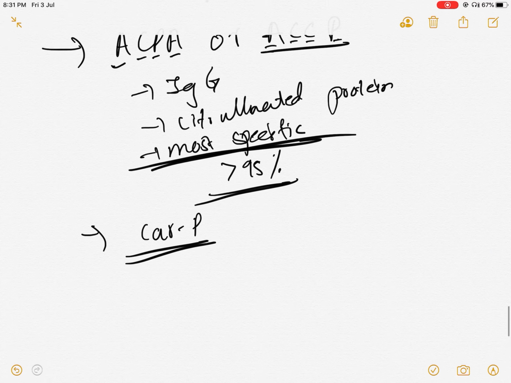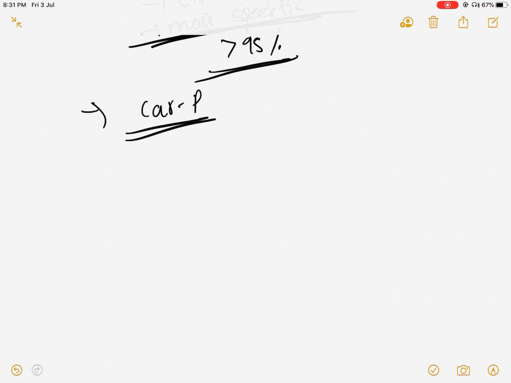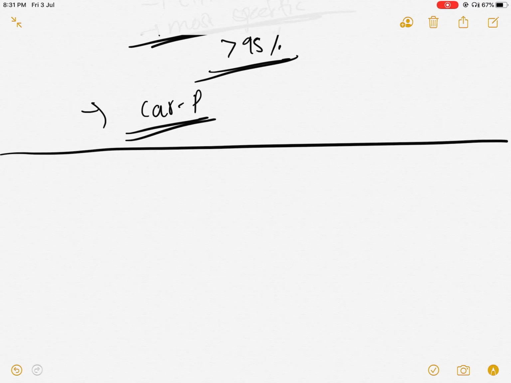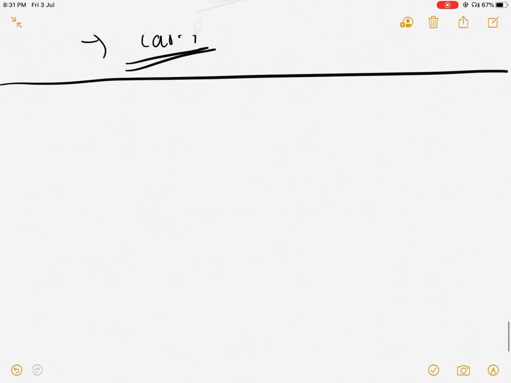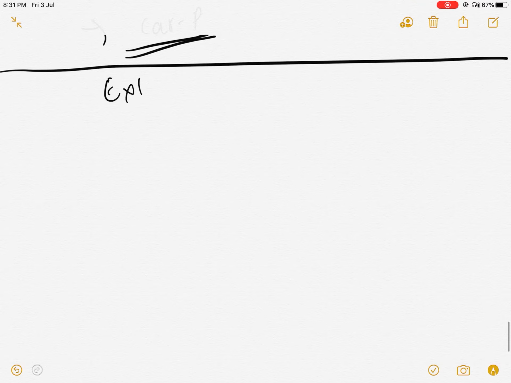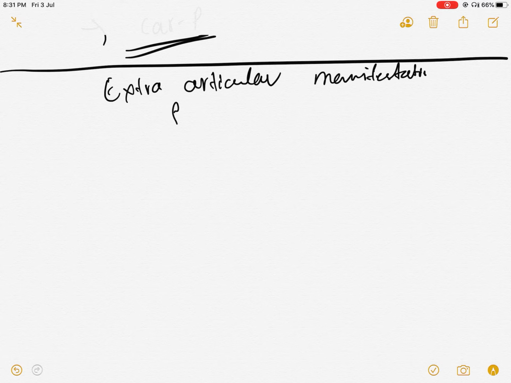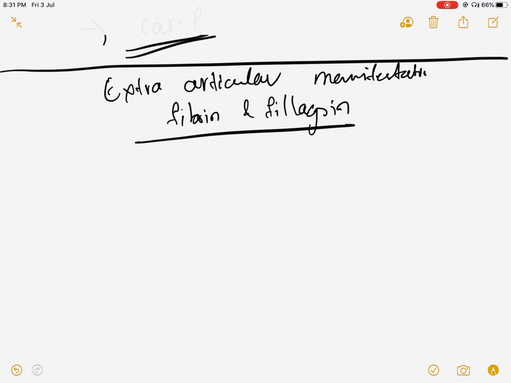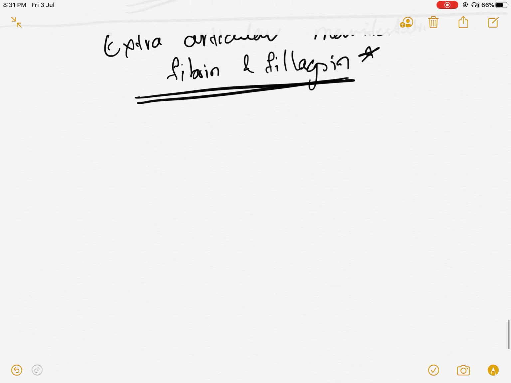Now, these are the antibodies. Apart from involvement of joints, rheumatoid arthritis can also cause extra-articular manifestations. All extra-articular manifestations are because of presence of fibrin and filaggrin in other organs.